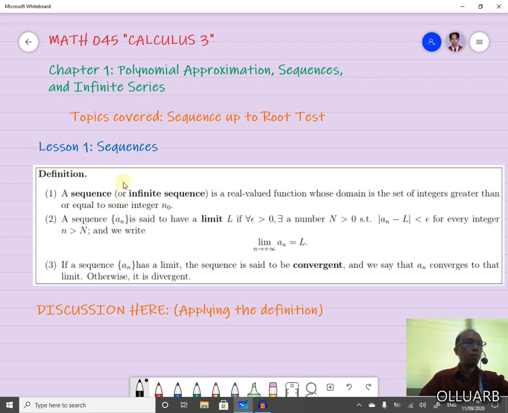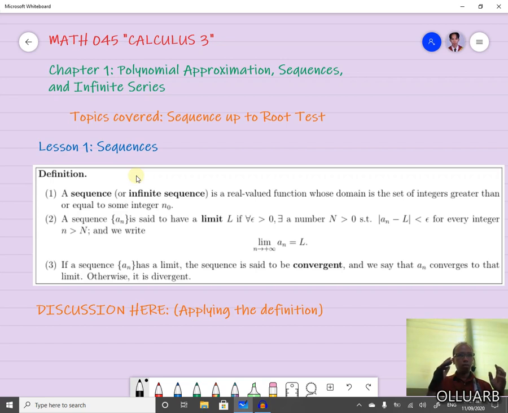first let me remind you that this topic, the first topic entitled sequences, is very important in the whole chapter. Why? Because if you don't understand the meaning of a sequence, then all would be meaningless.